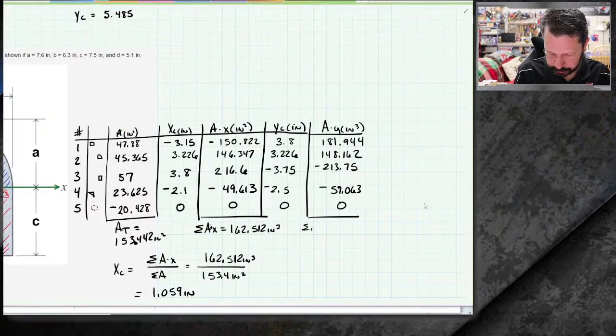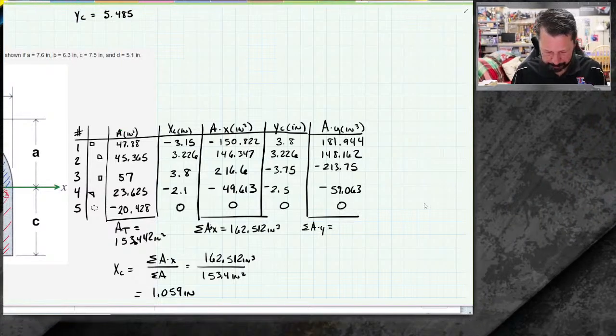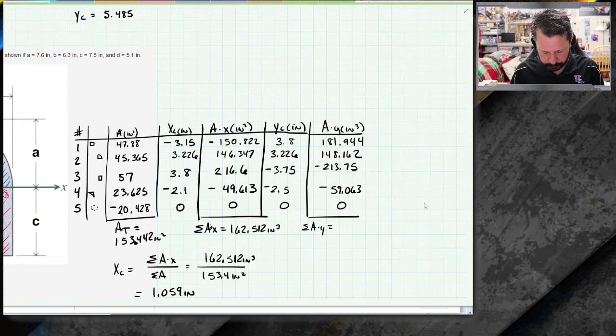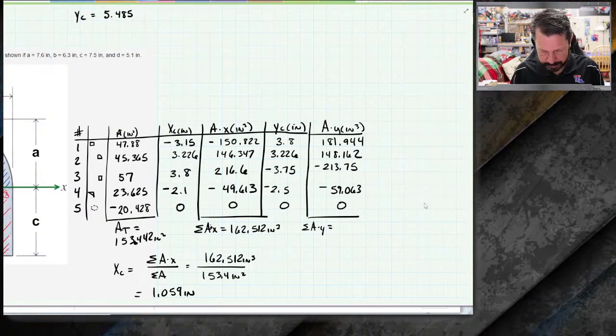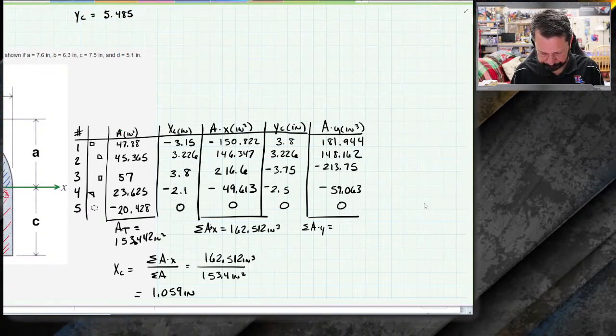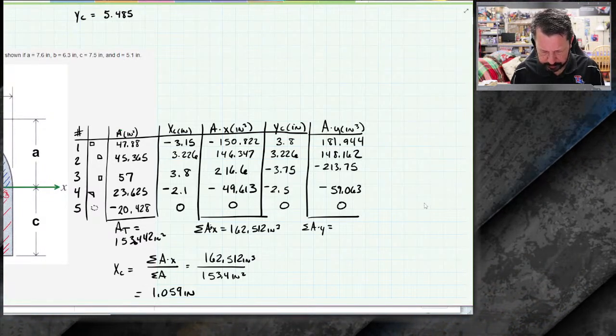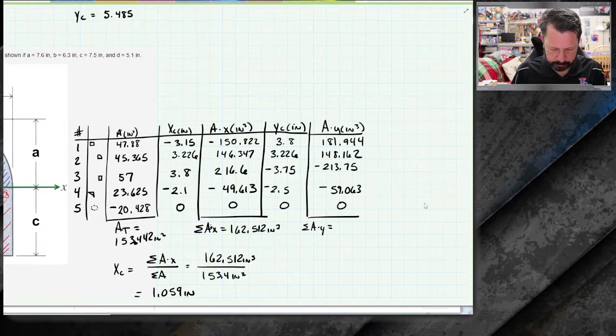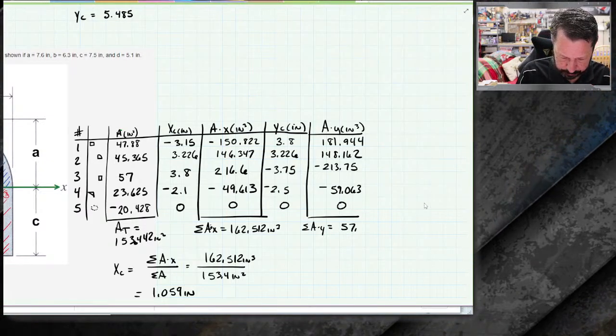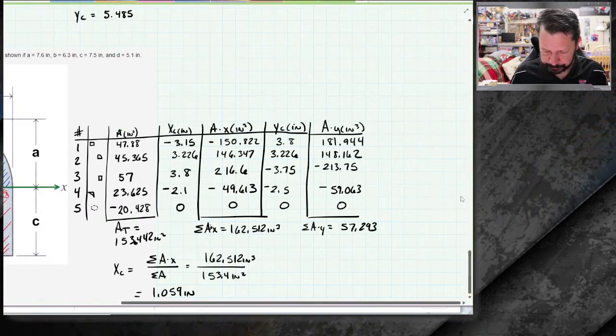Do our summation of A times Y: 181.944, 148.162, 213.75 subtracted, 59.063 subtracted. So 57.293.